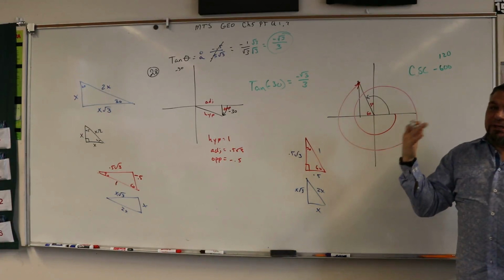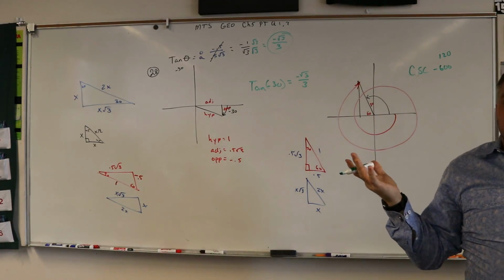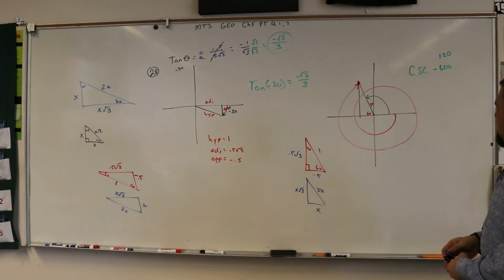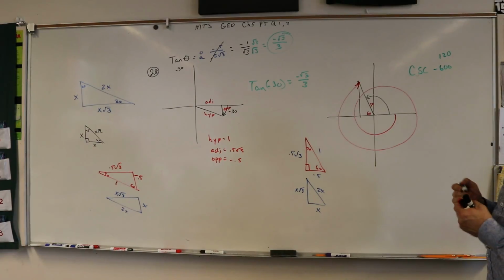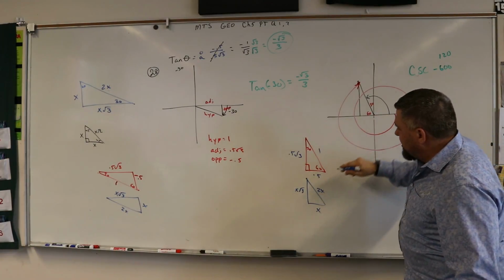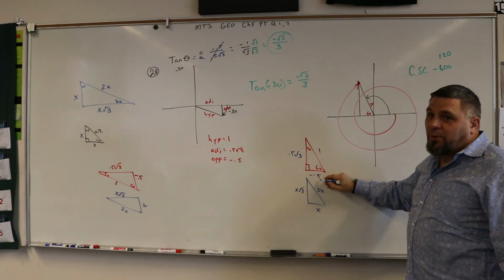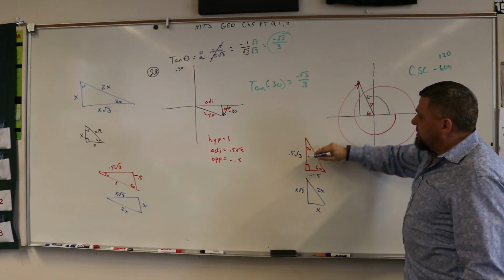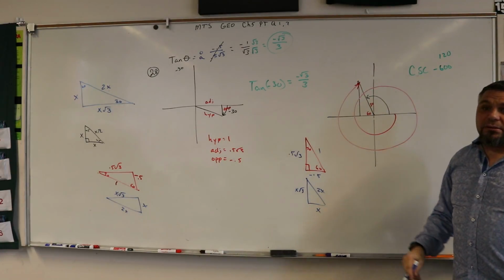Either one of those is going to be the same. Does that make sense? Okay? And the way we're looking at this problem is that this is negative 0.5, right? But this is positive.